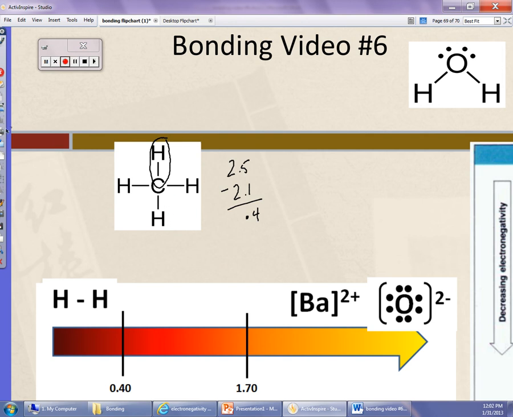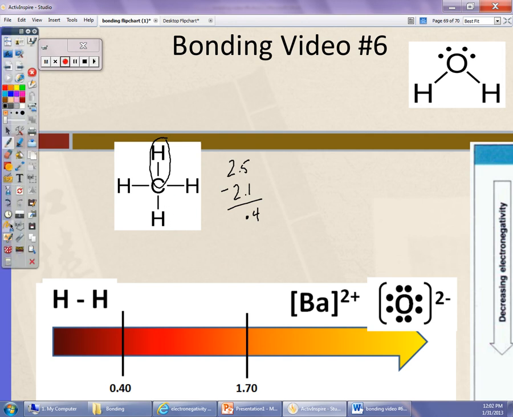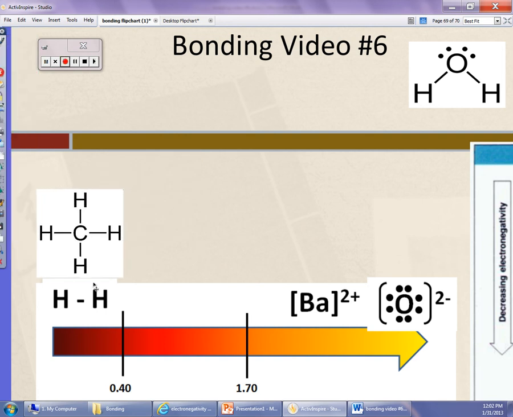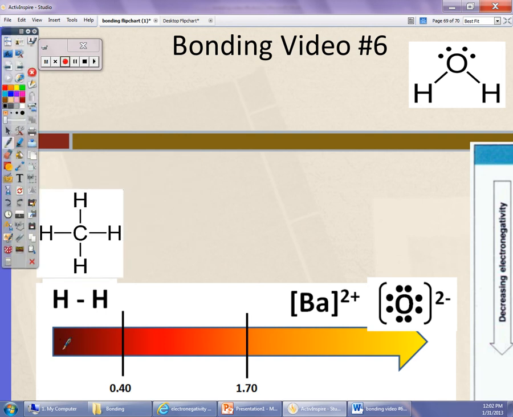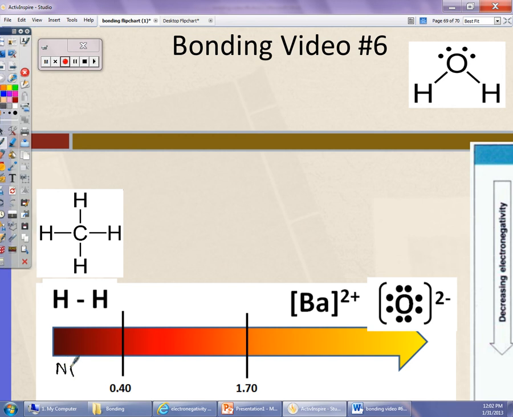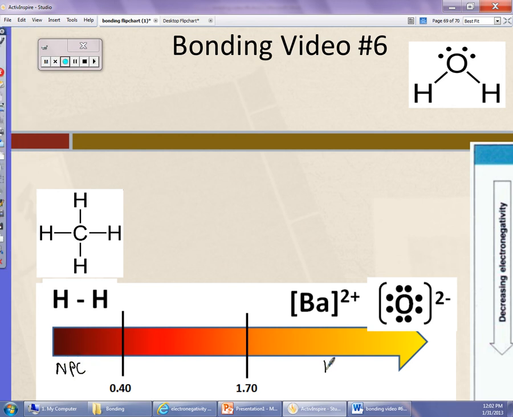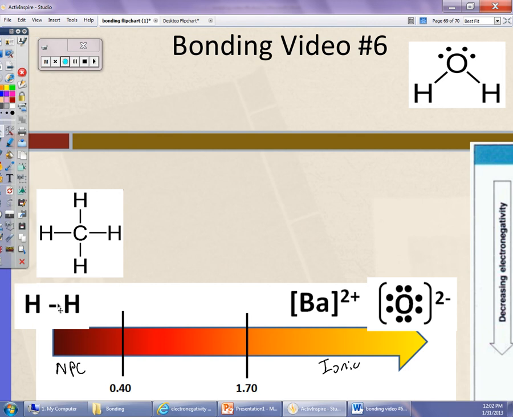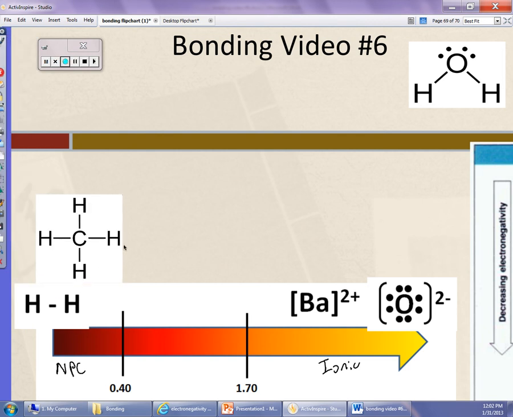This is just in the nonpolar region. So this is also going to be a nonpolar bond. So down here, we have the nonpolar covalent bonds. Over here, we have the ionic. But between these two, the hydrogen-hydrogen is a little bit more nonpolar than the carbon-hydrogen one is.